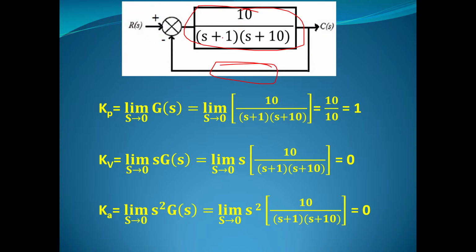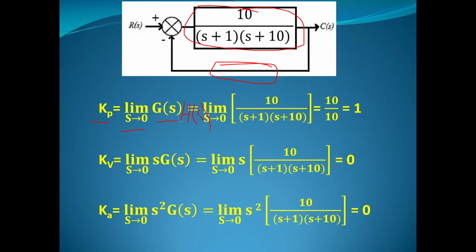So now what is the Kp formula? Limit s tends to 0, G of s into H of s. So the position error constant formula is limit s tends to 0, G of s into H of s, and H of s is 1.